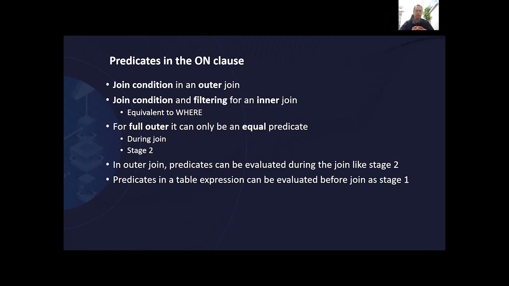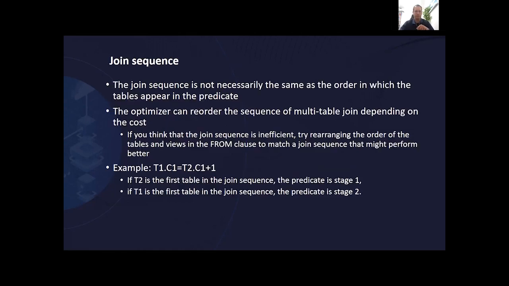In an outer join, the predicate can be evaluated during the join, like stage 2. A predicate in a table expression can be evaluated before the join as stage 1. So the join sequence is not necessarily the same as the order in which the tables appear in the predicate, and the optimizer can reorder. If you see bad performance, you may even want to reorder.